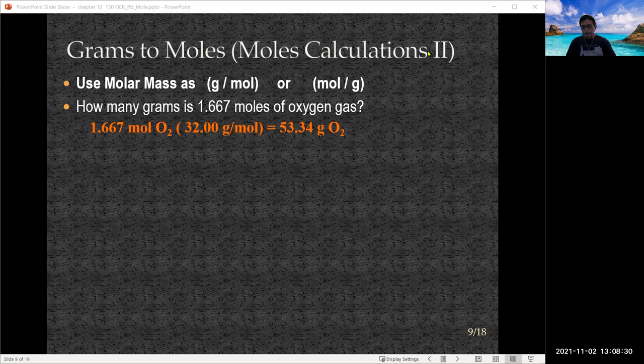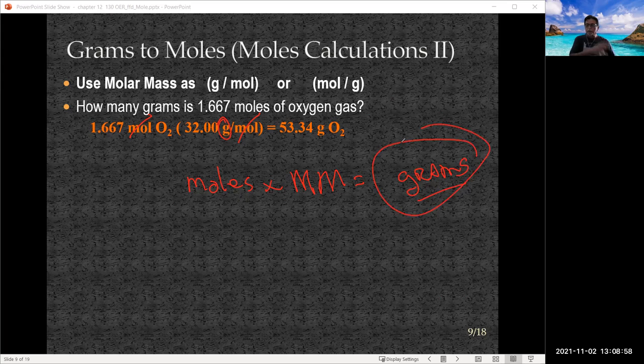Notice again, keeping track of your units, moles cancel, leaving us with grams. Another thing to notice, if you haven't: when I have moles, in general, I multiply by the molar mass to give me the units of grams.